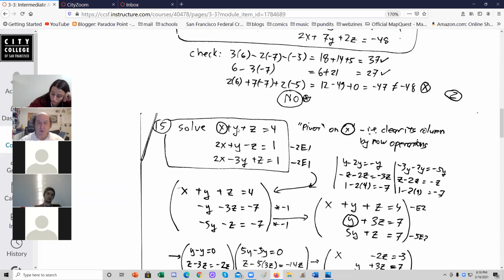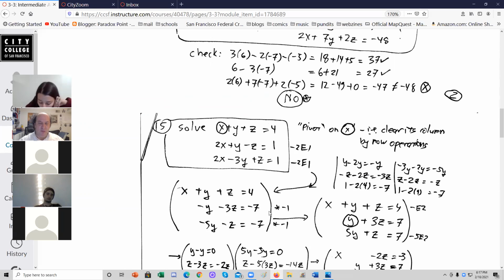Negative 3y minus twice y is negative 5y. z minus twice z is negative z. And 1 minus twice 4 is negative 7. So we've eliminated x from all but the first equation, so we're about a third of the way along.